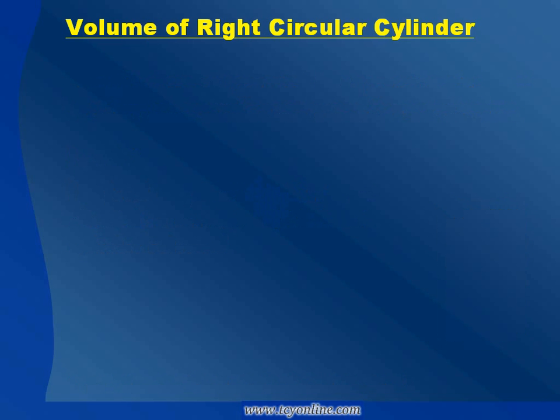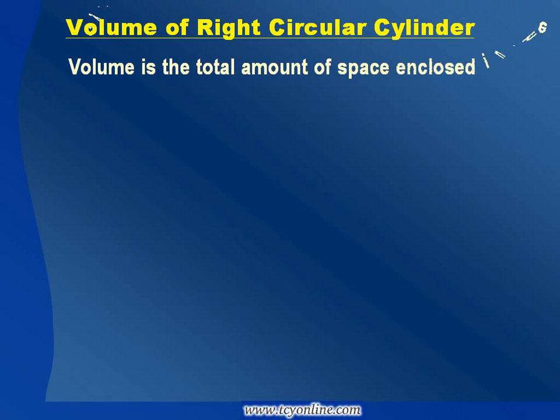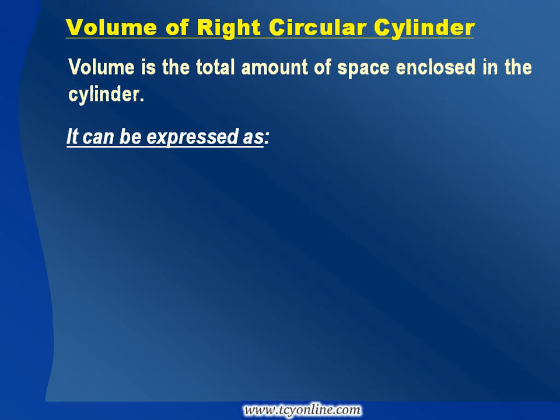We shall now study volume of right circular cylinder. Basically, volume is the total amount of space enclosed in a cylinder. Volume can be calculated or expressed as the product of the area of the circular base and the height of the cylinder.